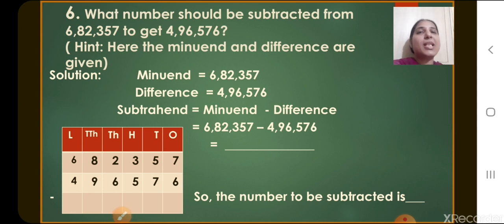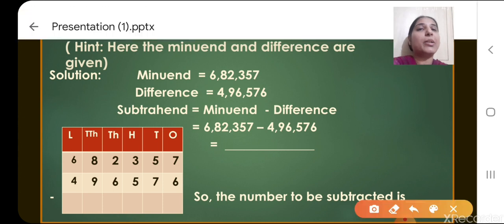Now question number 6 is, what number should be subtracted from 6,82,357 to get 4,96,576? Now let's again take a simple example.